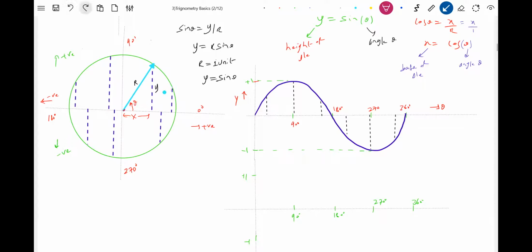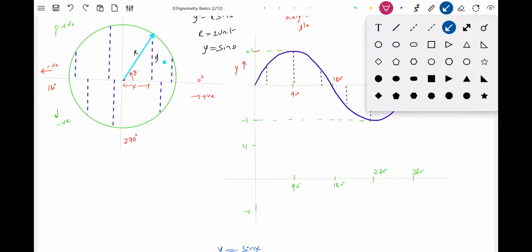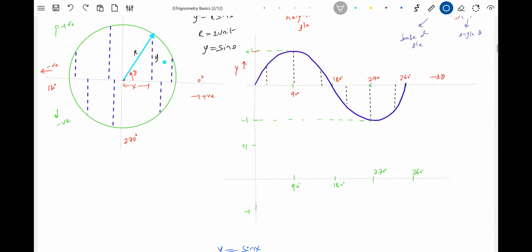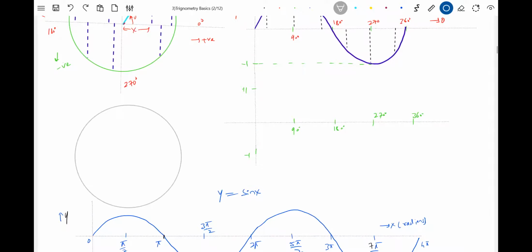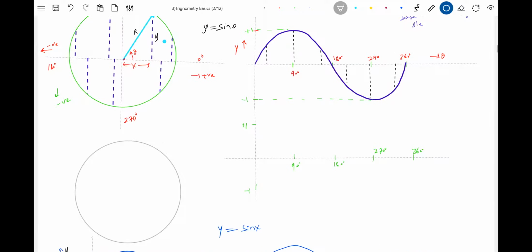I think I should bring another circle. Let me draw it. Anyway, we have time. This is the upper diagram.